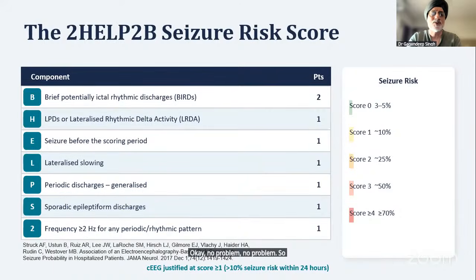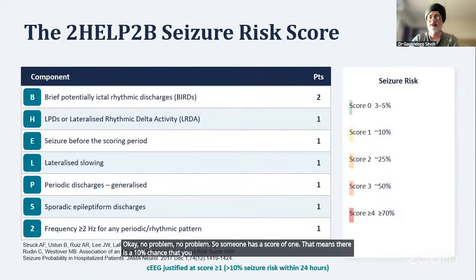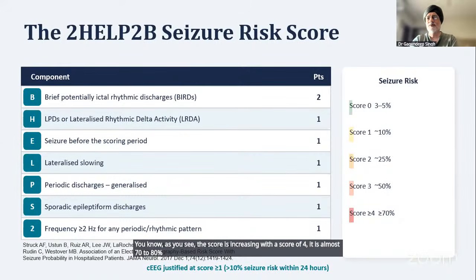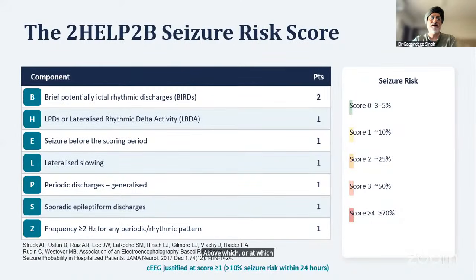So someone has a score of 1. That means there is a 10% chance that you would record electrographic seizures in the next 24 hours, right? However, as you see, the score is increasing. With a score of 4, it is almost a 70 to 80% chance that you are going to record seizures, right? Now, what is the score at which you will initiate continuous EEG recording?